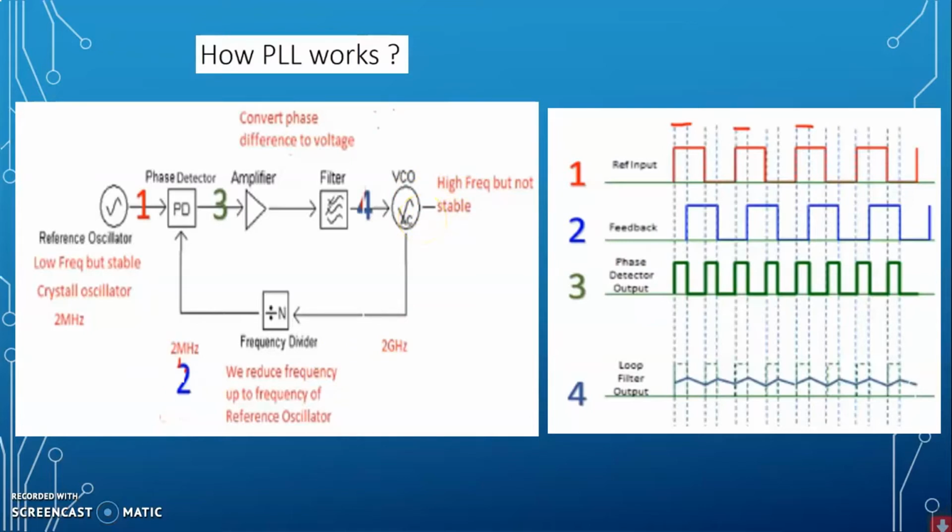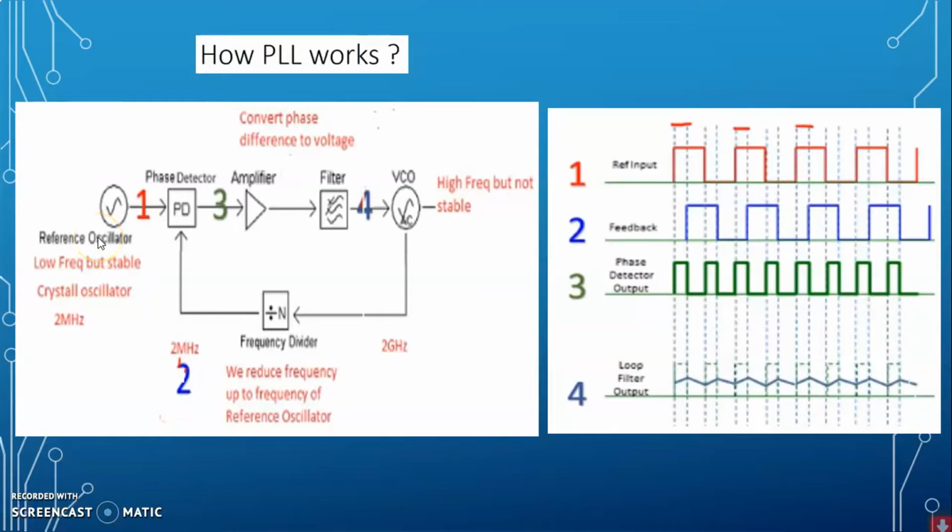Therefore, it does not generate a stable high frequency output signal. Hence, the voltage controlled oscillator is not used alone for any application. So the voltage controlled oscillator is used with the phase lock loop to generate a stable high frequency signal.